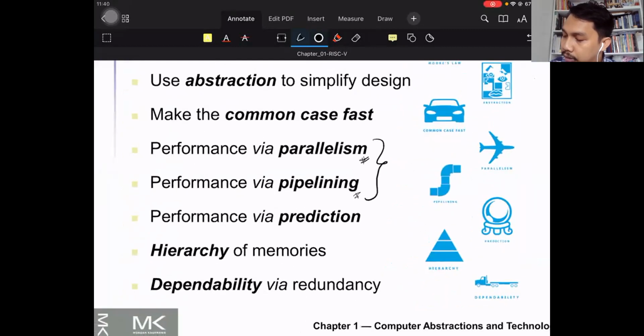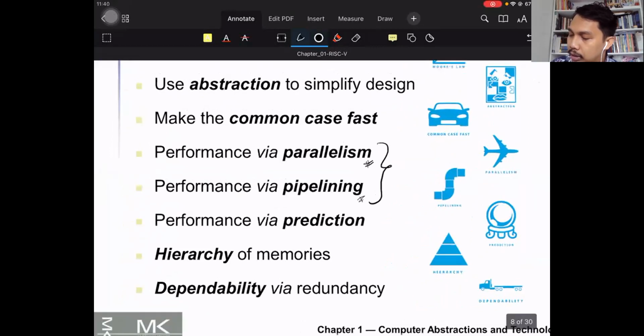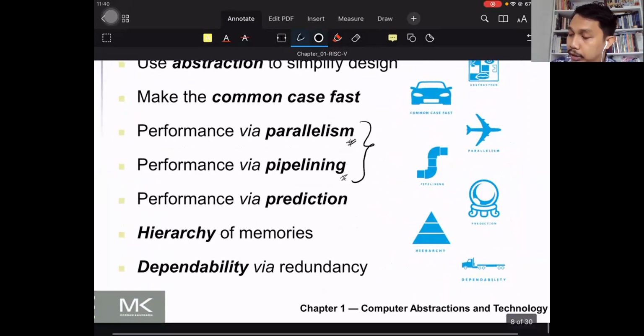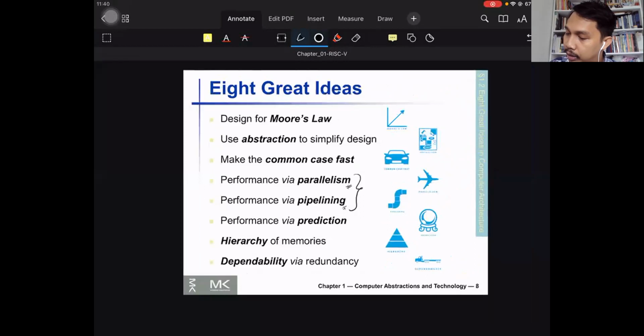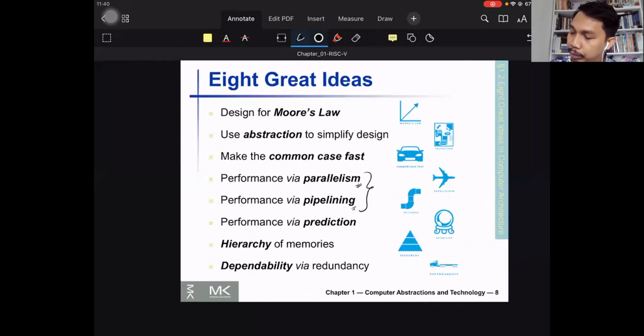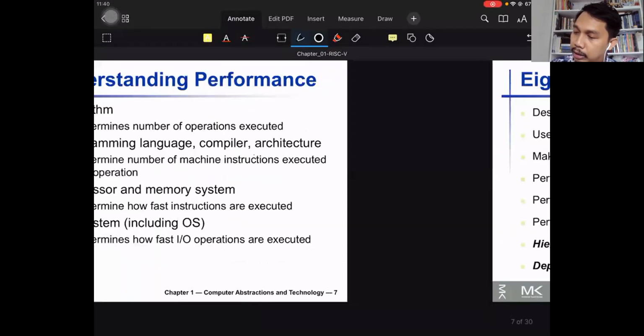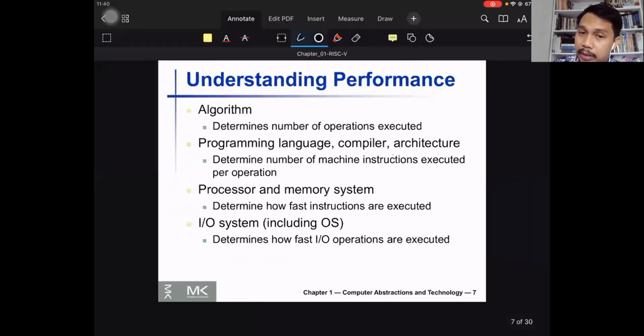Performance via prediction. Computer designers might use computer software to perform some kind of forecasting or prediction. Hierarchy of memories. Like what I said earlier, we can improve the performance of computers by improving the memory system.